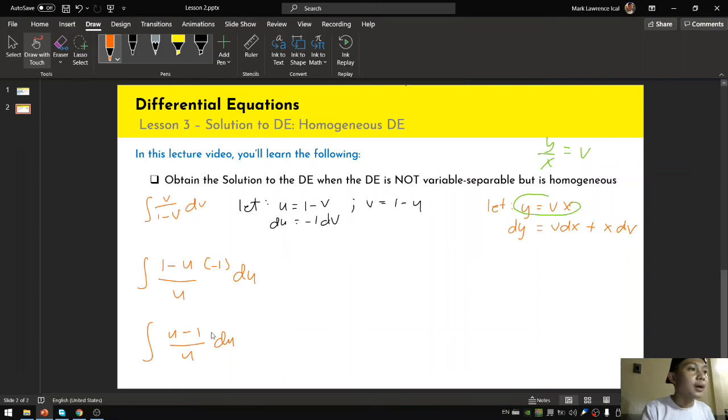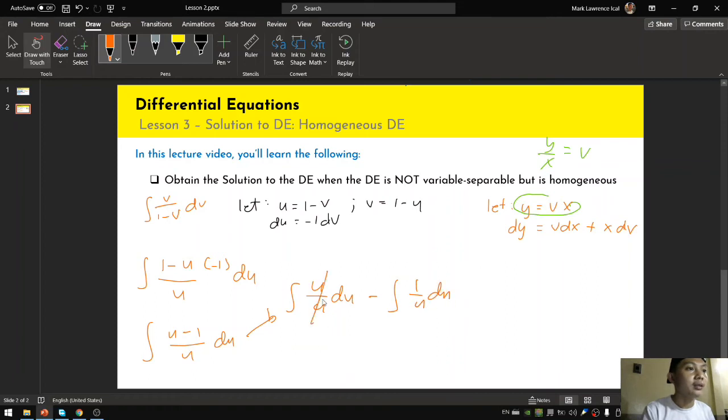So, ito, maalala nyo, pwedeng hiwalayin yan. So, parang 1 plus 3 over 5 yan. Pwede yan maging 1/5 plus 3 over 5. Pwede yan. Okay. So, going here, it's gonna be integral of u over u du minus integral of 1 over u du.